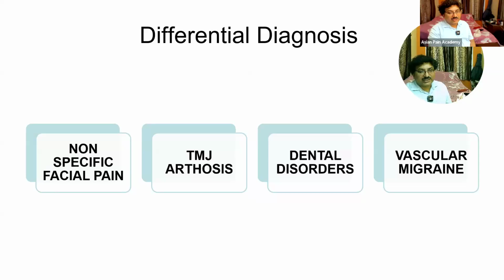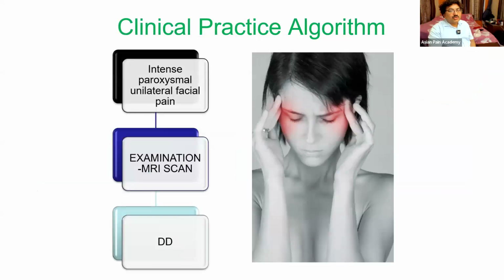and sometimes vascular migraine. Now coming to the clinical practice algorithm, patients with paroxysmal unilateral facial pain are nowadays all sent for an MRI scan, unless it is contraindicated. Then we go for the differential diagnosis, because without the MRI scan we do not know what is there.